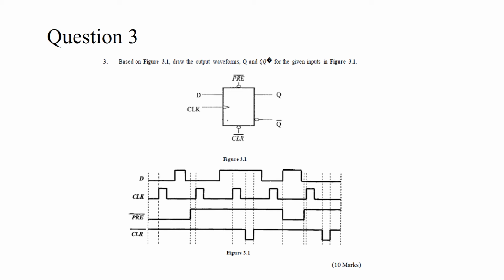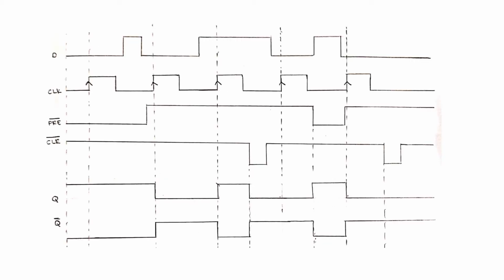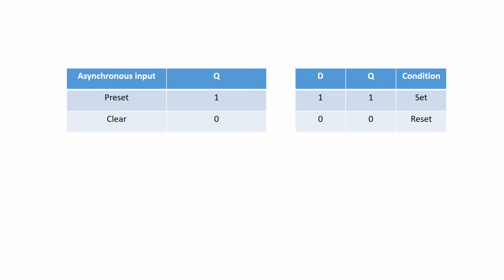As we know, if clear or preset is active low, the output will refer to the clear or preset and ignore the data input in D. So, this is the output waveform for Q and Q bar. Next, this is the truth table for the asynchronous inputs and the D flip-flop.